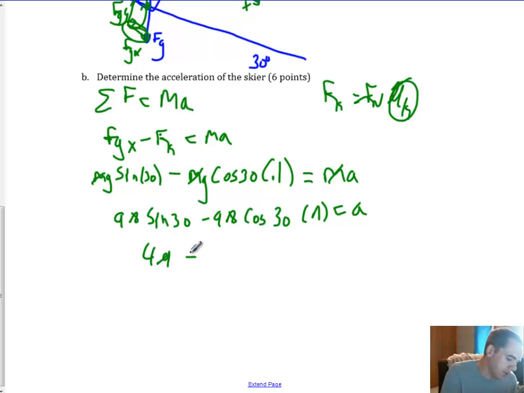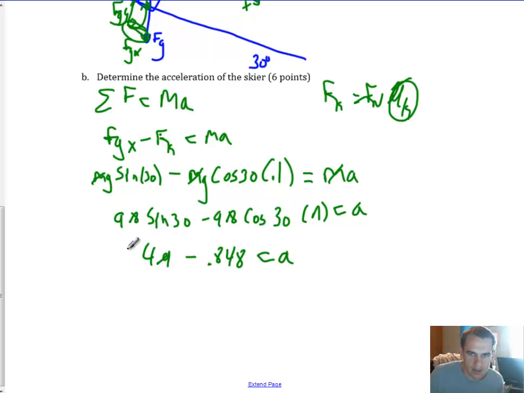Cosine 30 times 9.8 times 0.1 is 0.848. So minus 0.848 equals A. Okay, and so then I do that subtraction, and I get an acceleration of around negative 4.05 meters per second. Okay, or not negative. That's positive. Okay, positive 4.5 meters per second.